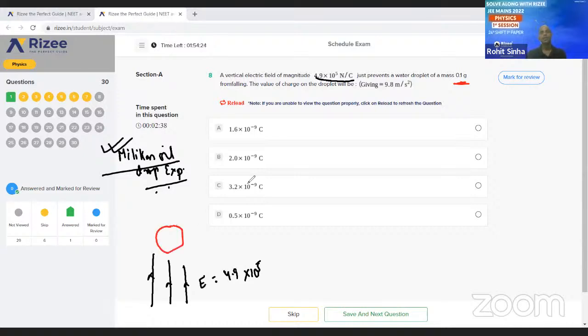Now, what we can do, see here, we are just balancing. Now, let us see the solution part.